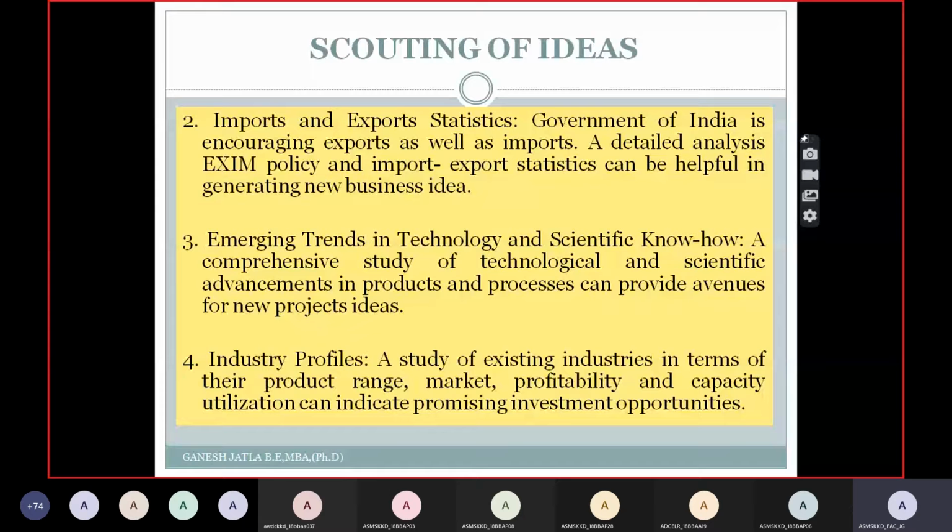And next one is the technologies which are available and the scientific know-how. Generally you consider a comprehensive study of the technological and scientific advancements in products and processes, which will help you to provide new ideas, right? For example, currently the masks and sanitizers.